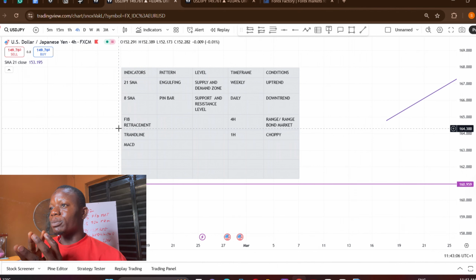So that is how I make use of these indicators, patterns, levels, and time frames, also conditions of the market, to make predictions of where the market is going.